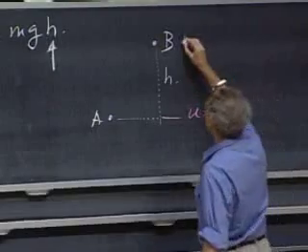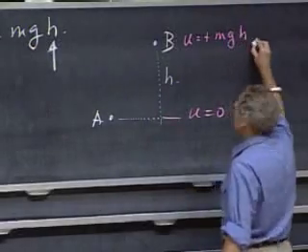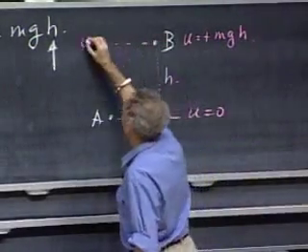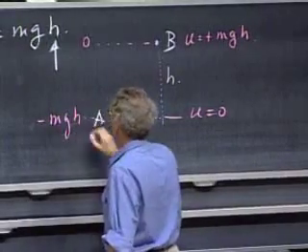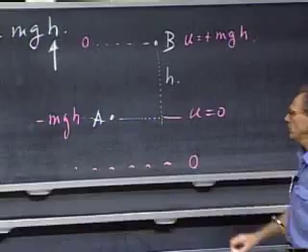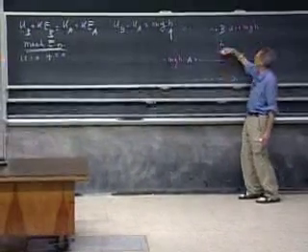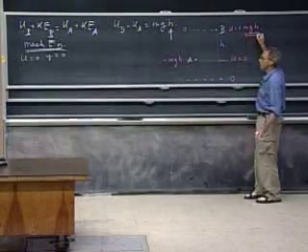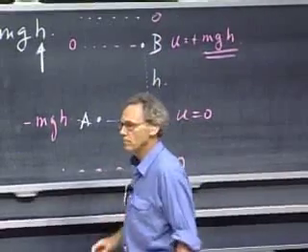Then you would have to call this u plus mgh. If you say, no, I don't want to do that, I want to call this 0, that's fine. Then this becomes minus mgh. If you prefer to call this 0, that's fine too. Then this will have a positive gravitational potential energy, and this will have one that is higher than this one by this amount. If you say, really, I like to call this 0, of course the same holds.